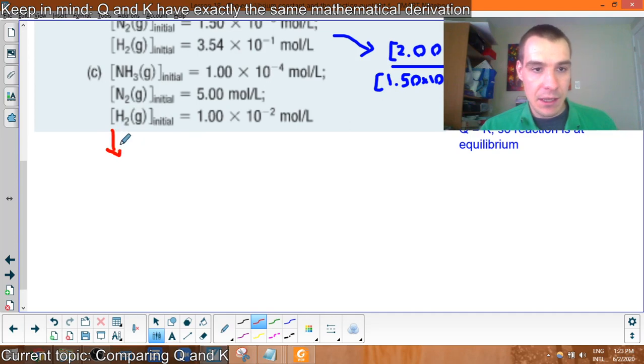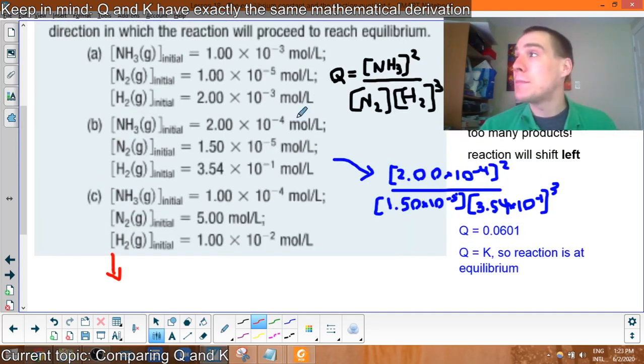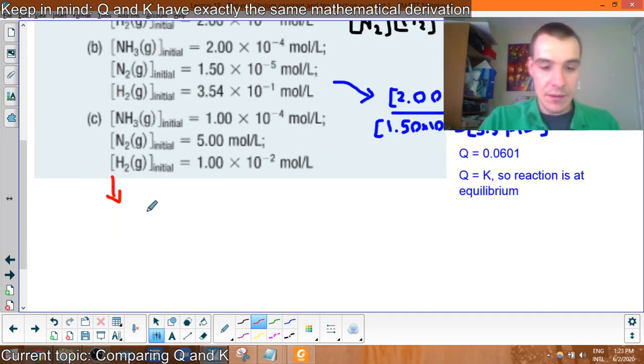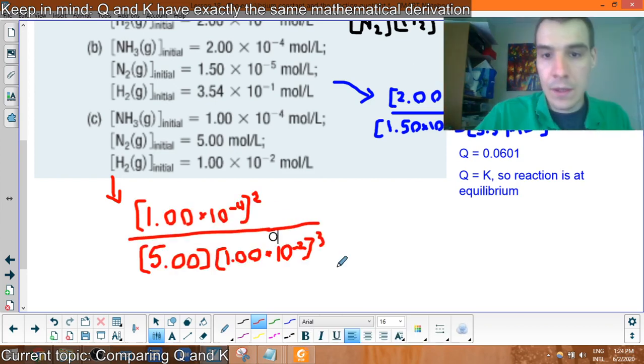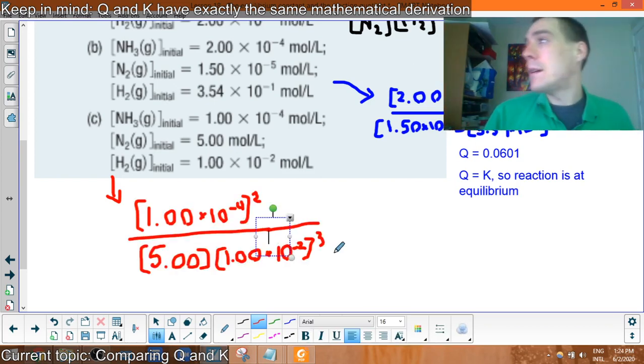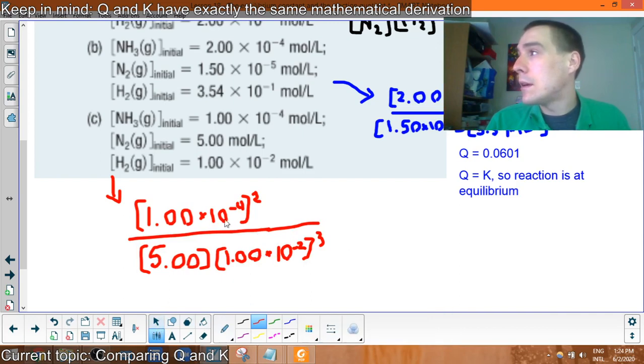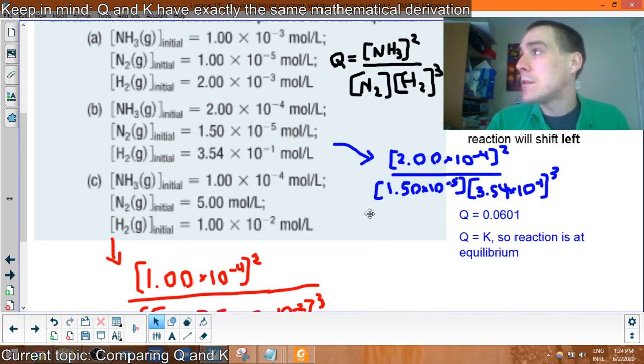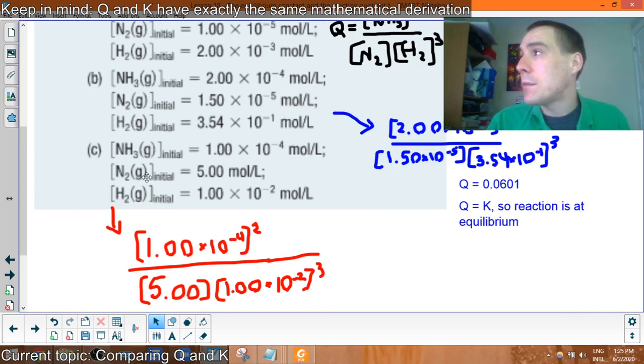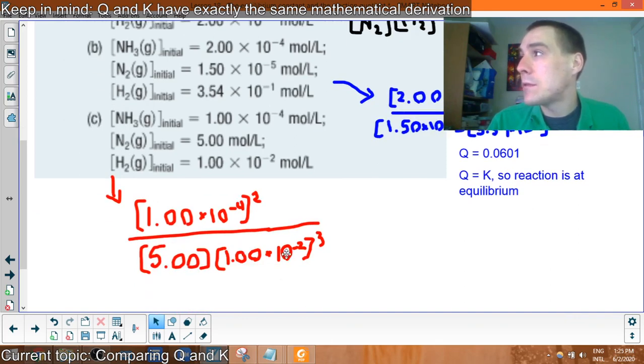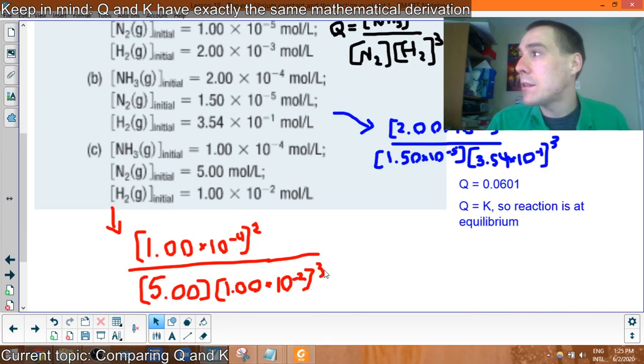We're going to use that same expression. We're going to write that out. So again, I'm going to pause so you don't have to watch me write. So I've written it out. There's my NH3. Make sure it's squared because that's what appeared, squared. 5 for my N2 and my H2, 1.0 times 10 to the negative 2, and I'm cubing that.